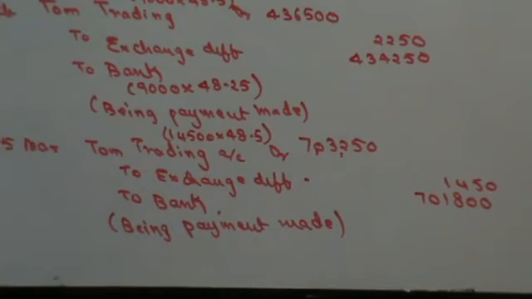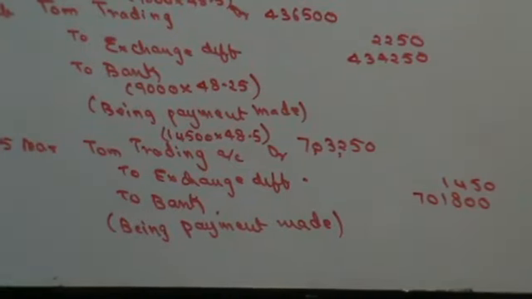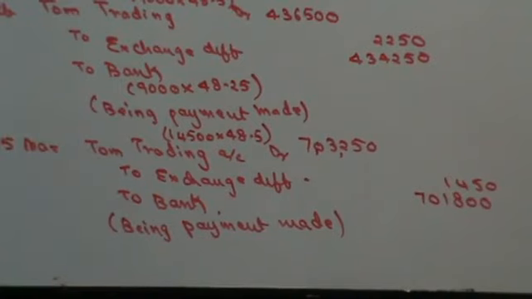After that, you have an entry on 31st March. On 31st March, you need to close the books of accounts.